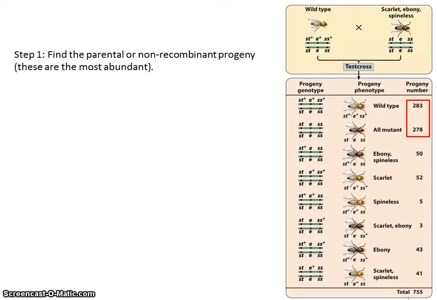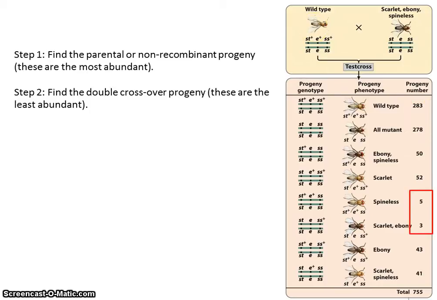Alright, so step 2, we identify the non-recombinant progeny based on the number of progeny of that particular genotype or phenotype. Then we identify the double crossover progeny, and these are the least abundant ones.